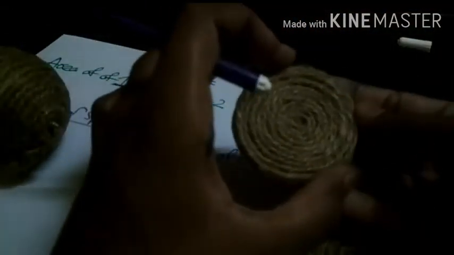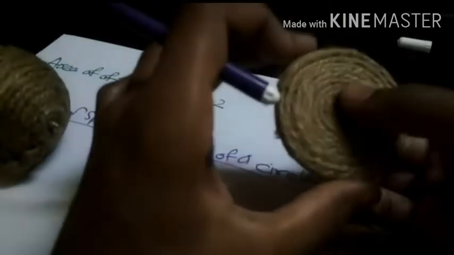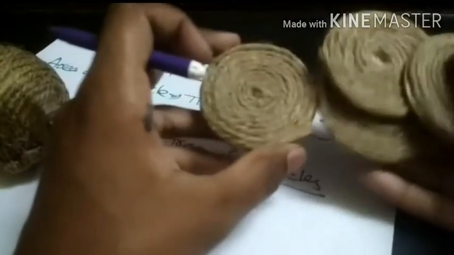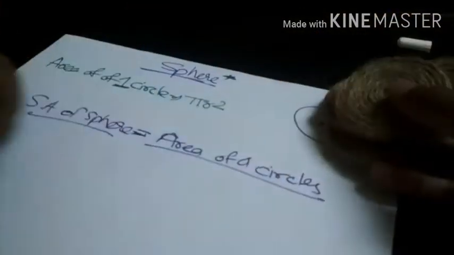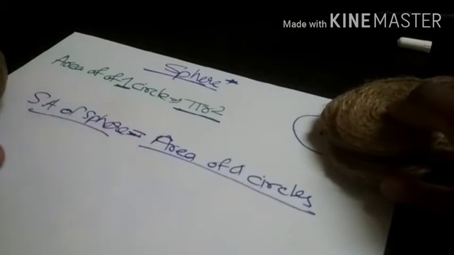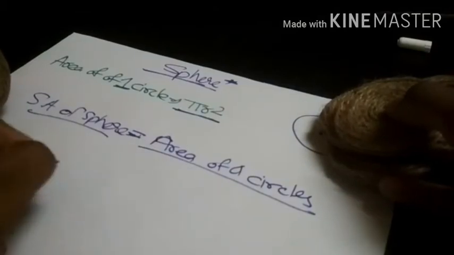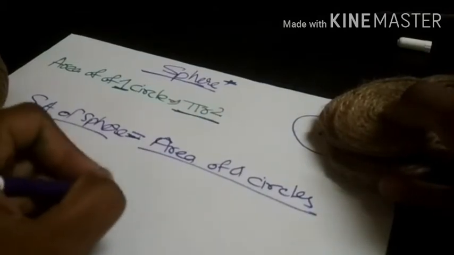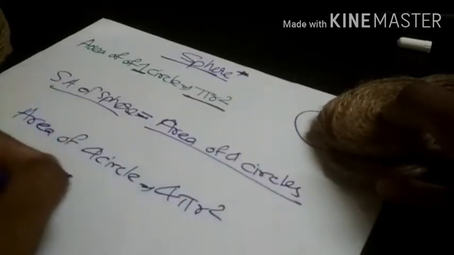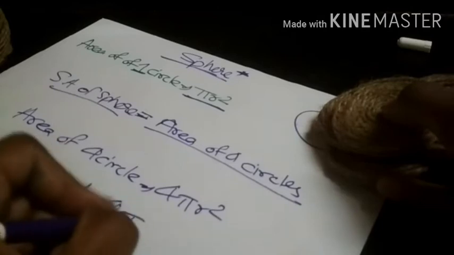The rope exactly came into the area of 4 circles. So area of one circle, as you know, is pi r square. Area of 4 circles is equal to 4 into pi r square, that is 4 pi r square.